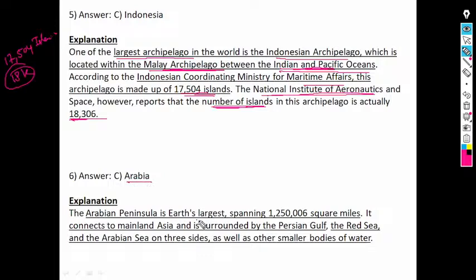The Arabian Peninsula is Earth's largest, spanning near about 1.25 million square miles. It connects mainland Asia and is surrounded by the Persian Gulf, the Red Sea and the Arabian Sea on three sides. Looking at the Arabian country, it is just like here.